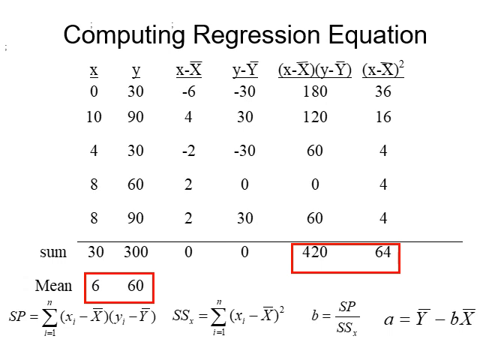And we're going to add these up to again get the sum of products and the sum of squares. In this case, walking through that equation, we're going to find that again, our sum of products is 420, and our sum of squares x is 64. So again, to calculate b, we're simply going to take those numbers and put them into the equation, and once we have b, we're going to use the means to figure out the y-intercept. So moving on to the next slide.